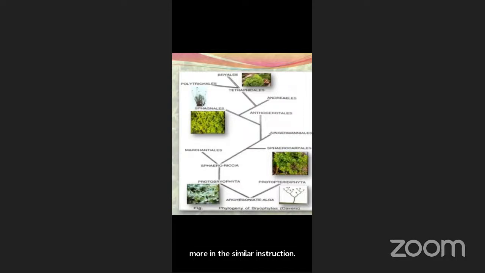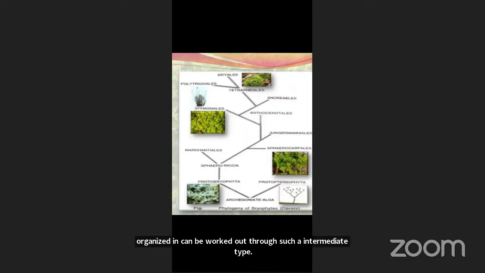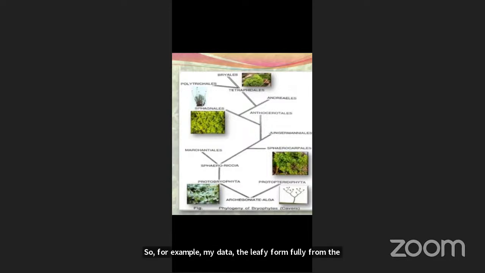So the transition from the dorsiventral leafy Hepaticopsida to the typically radially organized Bryophyta can be worked out through such intermediate types. For example, in higher Bryophyta, the leafy form is fully developed with differentiation of tissues in their structures.